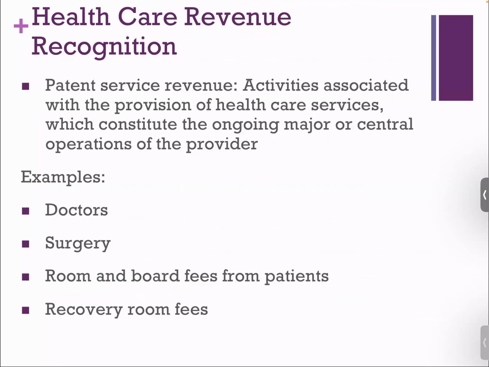Okay, so revenue recognition, patient service revenue. That is the main area that a healthcare organization is going to receive revenue from, right? That's everything the hospital provides as far as healthcare services. It's the major or central operations of the provider.